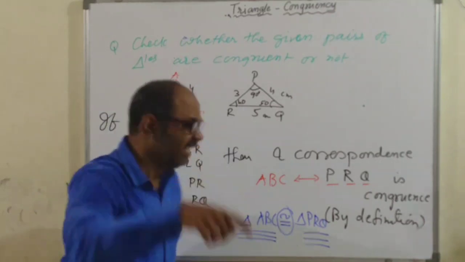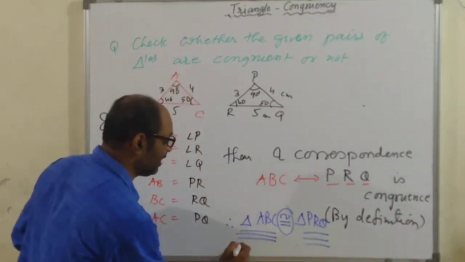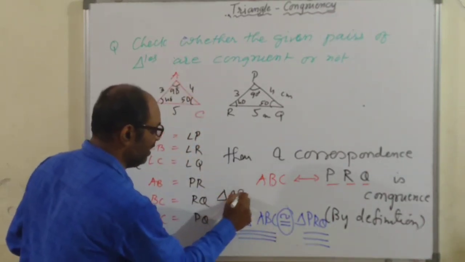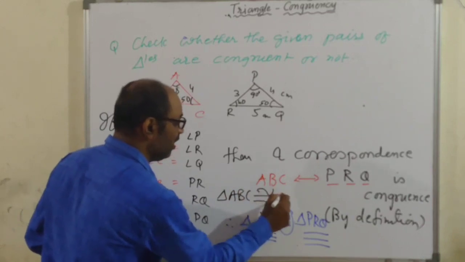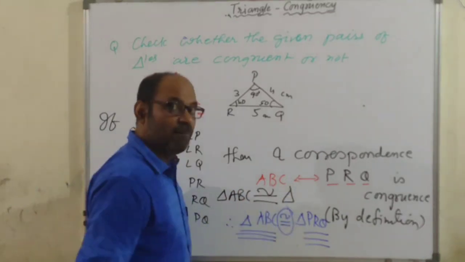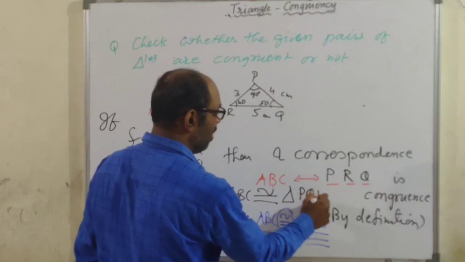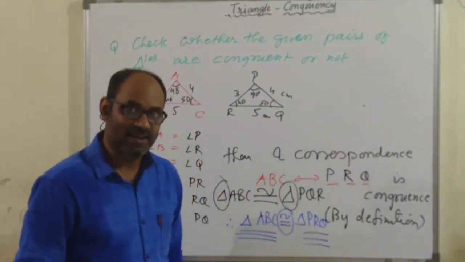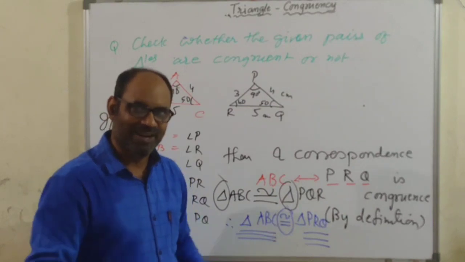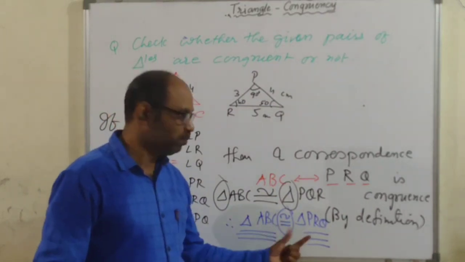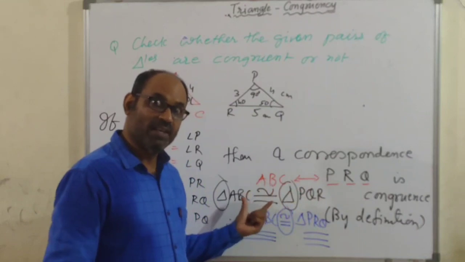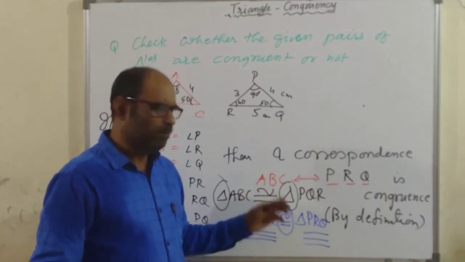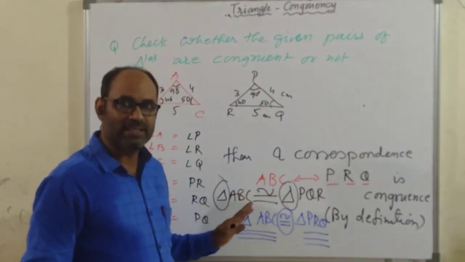After writing this, if you want to change, you can change. Triangle ABC is congruent to triangle. Instead of PRQ, you can say PQR. This you can do only if the symbol of triangle is there. But you should never try to do that. Never change the correspondence. जो correspondence है वही triangle के symbol के साथ लिखना. But most times we will not need to write this.